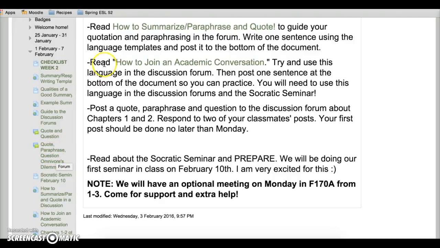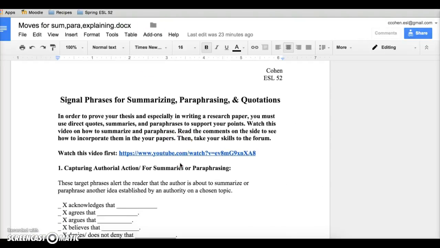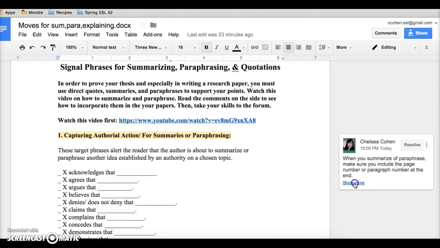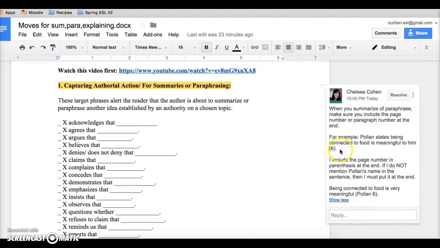Before you do that, though, take a look at this handout, How to Summarize, Paraphrase, and Quote. This is going to show you the format for paraphrasing and doing direct quotations. Here on the side, I show you how to integrate the page number and the author's name. So please look at these notes here.